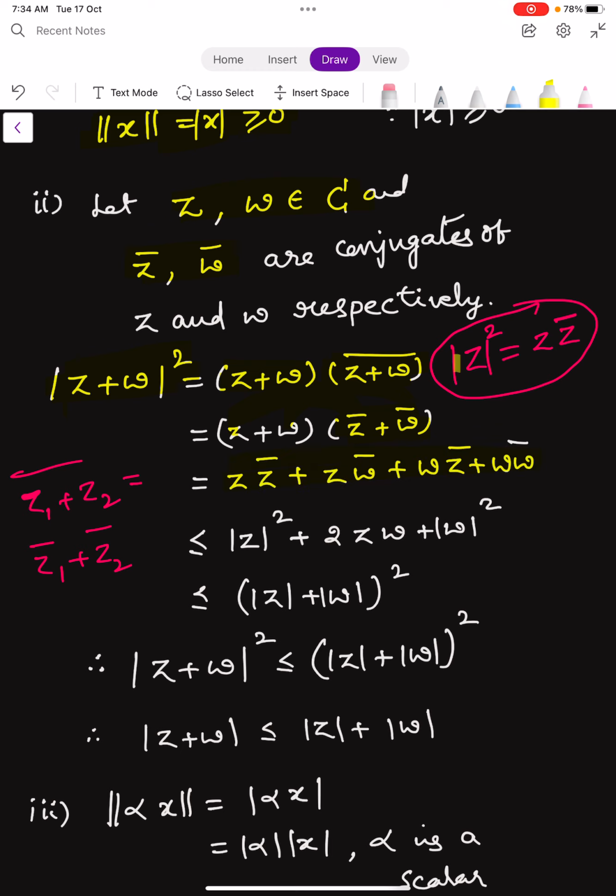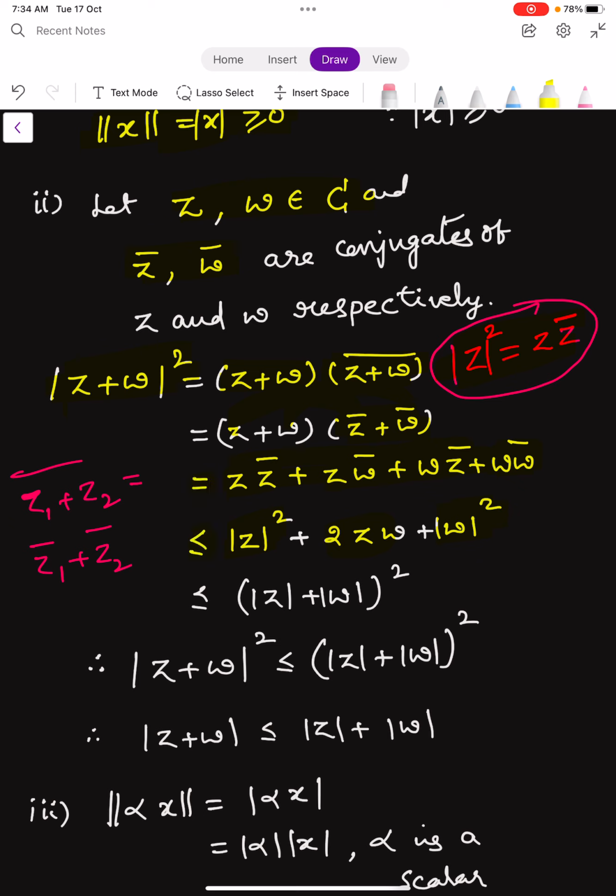Again by using this fact, z into z bar is equal to mod z square, and w into w bar is equal to mod w square. Now we use the fact that z into w bar plus w into z bar can be written as 2zw. That's why we replace equality by inequality.